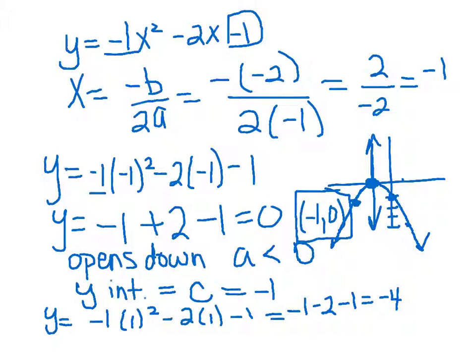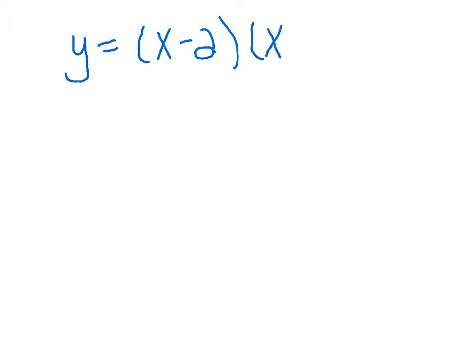Okay, now remember the next form that we had was the intercept form. y equals x minus 2 times x plus 4. And remember, we could read the x-intercepts straight off this.